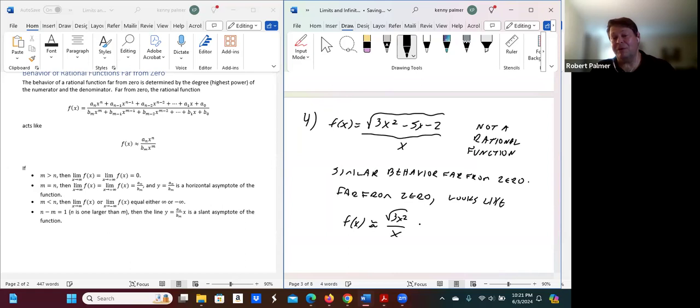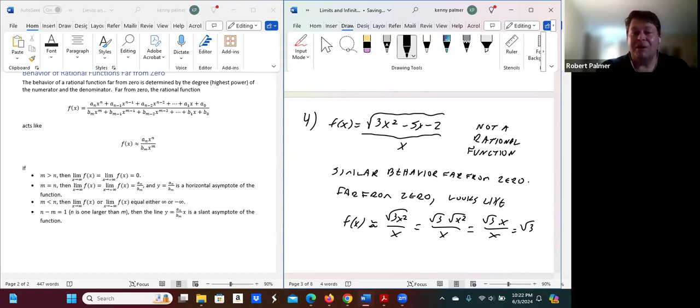Now, remember some of your rules of square roots, we can break this up into the square root of 3 and then the square root of x squared, which is x, and basically as long as x is positive, this becomes the square root of 3. Then we have x over x, which is just 1, so we get the square root of 3.